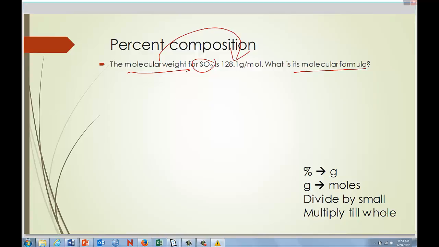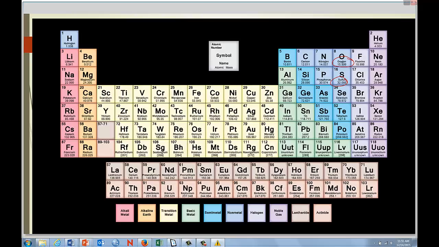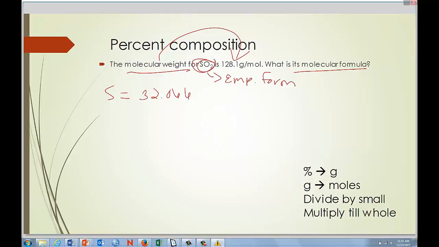So, we take the chemical formula of the empirical formula, and we have to look at the molar mass of that. So S is 32.066 from the previous one by looking at the periodic table right here. Oxygen, we have 2 of them, so 2 times 16.0.